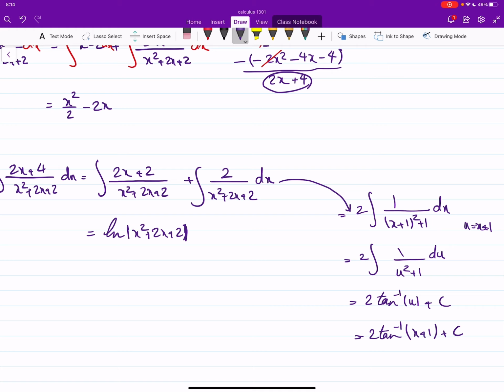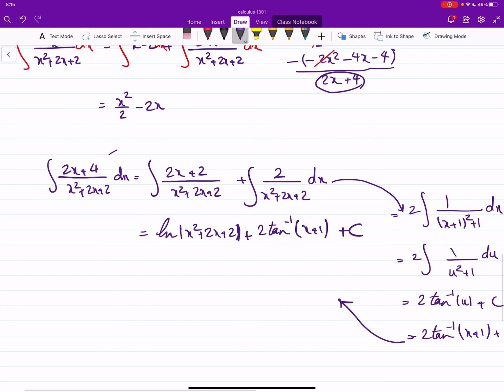So I can now see that, oh, I can bring this back and put it there. So this will be 2 tan inverse of x plus 1 and then plus c. So we use the long division to reduce that.